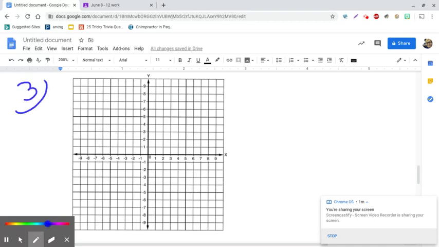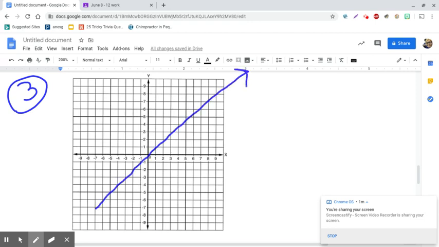Number three. Let's go from here. Let's make that a point, and let's make that a point. The first thing we're going to do, we're going to go like a book.